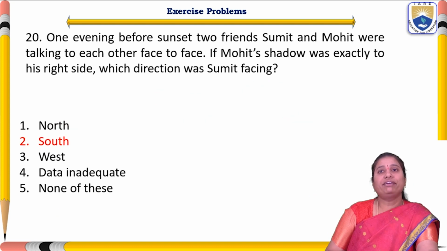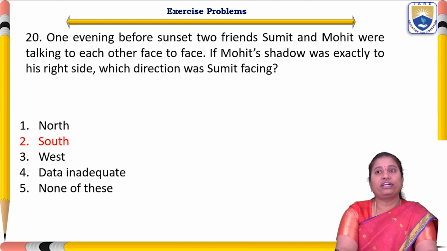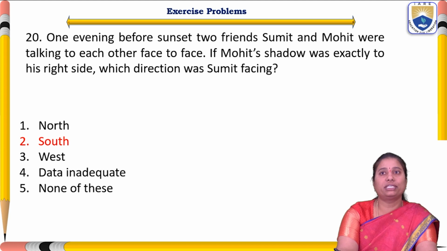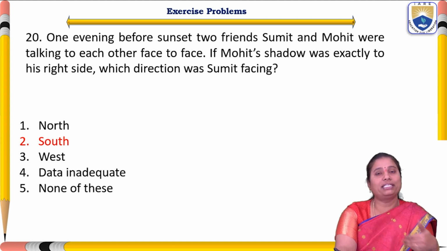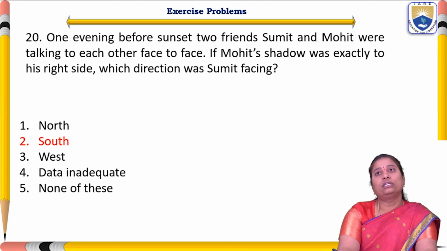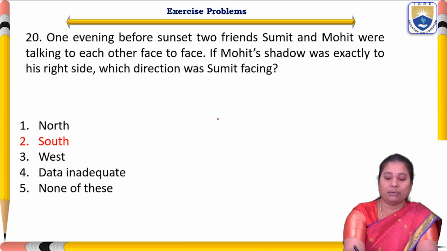Now, one evening before sunset, two friends Sumit and Mohit were talking to each other face to face. One evening, it is a reverse of the previous problem. If Mohit's shadow was exactly to the right side, which direction was Sumit facing?